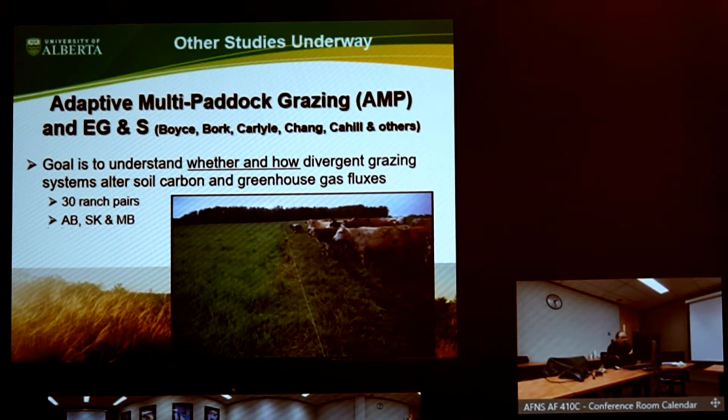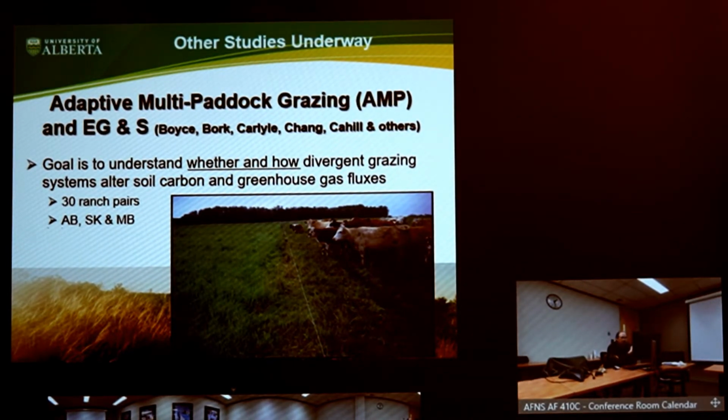I want to mention a few other studies. I know I've got just a couple minutes left. So some of you may even be aware of this. I'm a member of a large group of researchers working on a project that we call the Adaptive Multi-Paddock Grazing Enterprise.